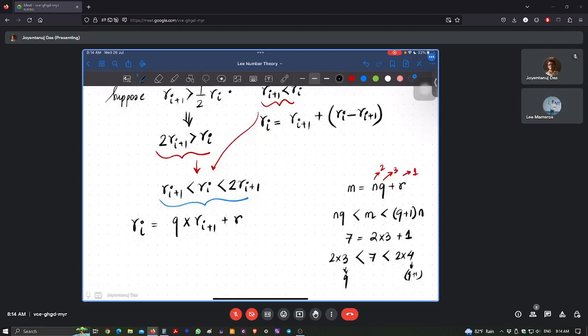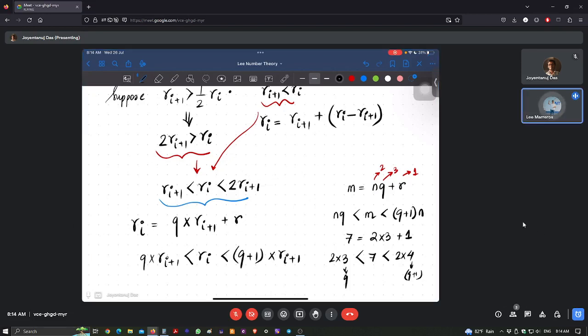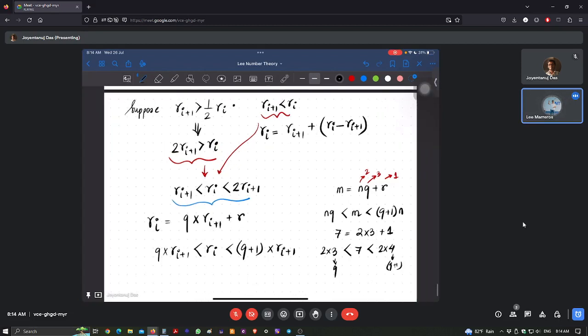From this relation, what I have is q times Ri plus 1 is less than Ri, and if I do q plus 1, then it will overcome Ri, right? But that inequality is something that we want to prove, right?